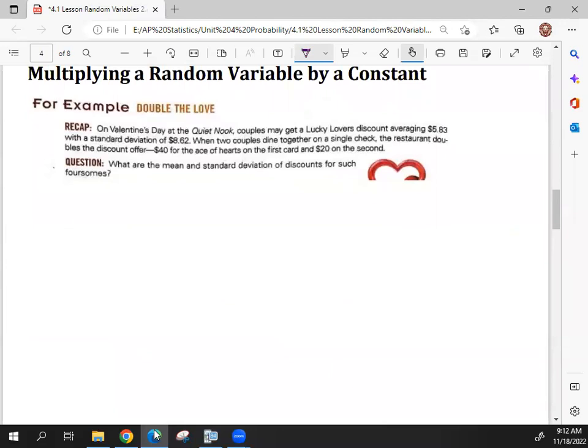We could also multiply by a constant. So if we multiply our random variable by some constant a, it's just the same as multiplying our expected value by that same constant. So in this case, we are going to get double the discount if we have two couples. So if you go on a double date here on Valentine's Day, and you all pay on one check, you can get double the discount if you draw the ace of hearts or the ace of diamonds.